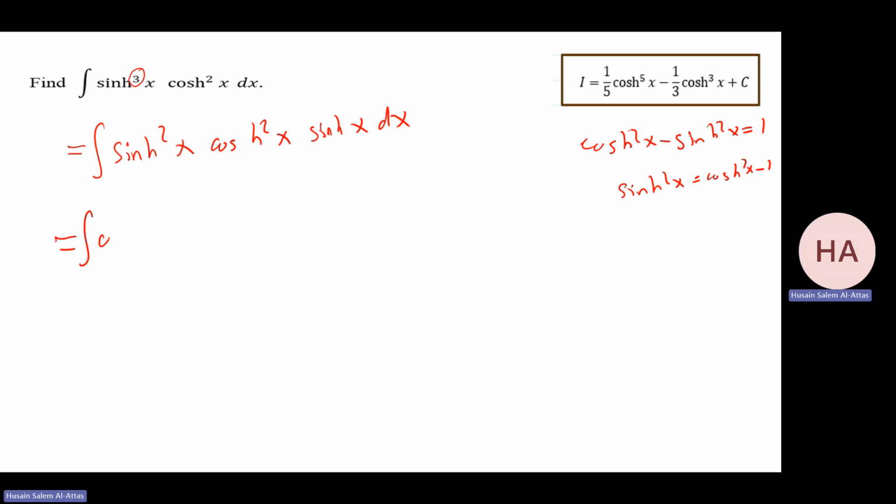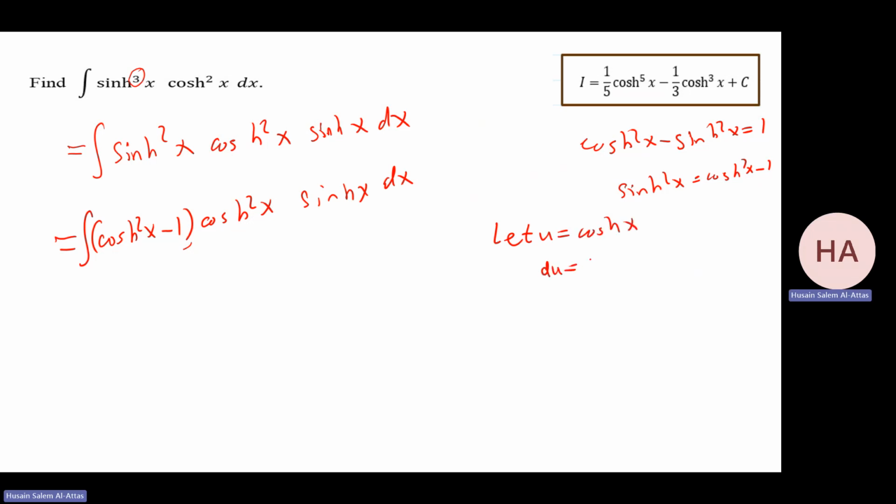So change everything in terms of cosh. That will be cosh squared minus 1 times cosh squared, and this is sinh x dx. So I let u be cosh x.